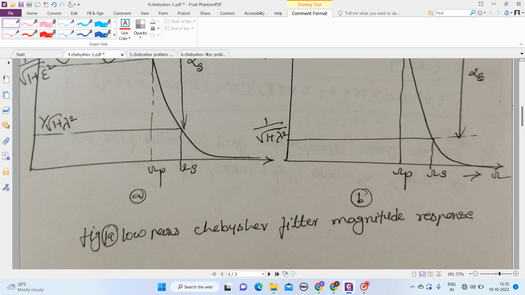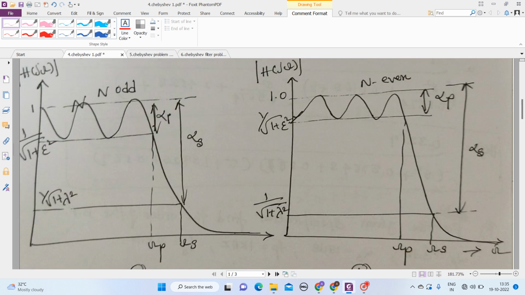This is the low-pass Chebyshev filter magnitude response. This is not a phase response, this is the magnitude response. See here how we have to distinguish n odd and n even. If the ripple starts from magnitude 1, then it is an odd-order Chebyshev filter.